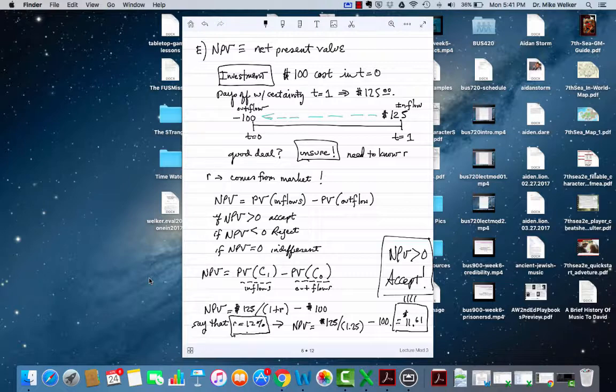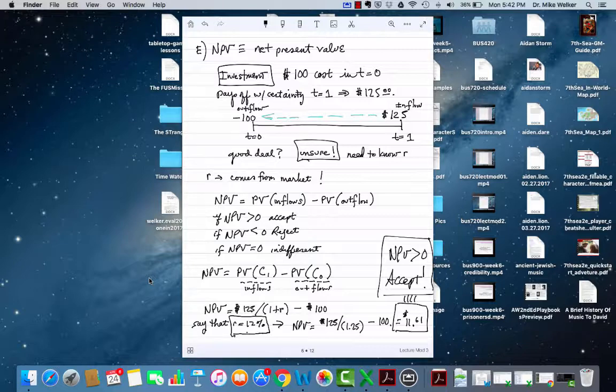So what's going on is that I'm better off. If you had invested in the project and not in the market, that gets you $125, and now that should be compared to not investing in the project but investing in the market. I'd be out $100 by investing in the market, but it only generates for me $112. The difference is $13.